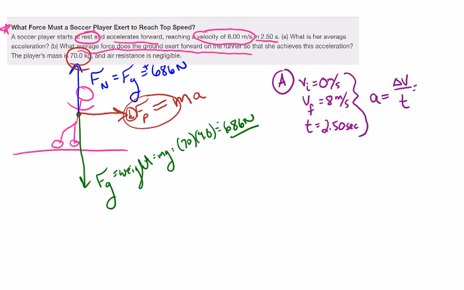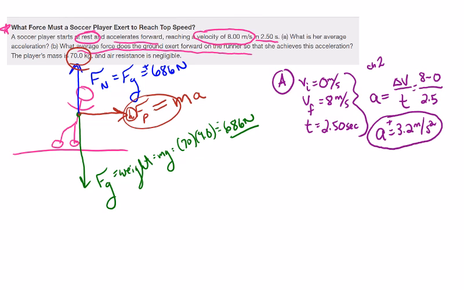So she's going from 0 to 8 in 2.5 seconds. Her acceleration is just going to be found that way. So this is actually a chapter 2 thing, not actually this particular chapter. So I'm going to take 8 divided by 2.5, and she's accelerating at 3.2 meters per second squared. I'm going to write that as a positive, meaning it's to the right, forward, whatever I have for that. There's part A.